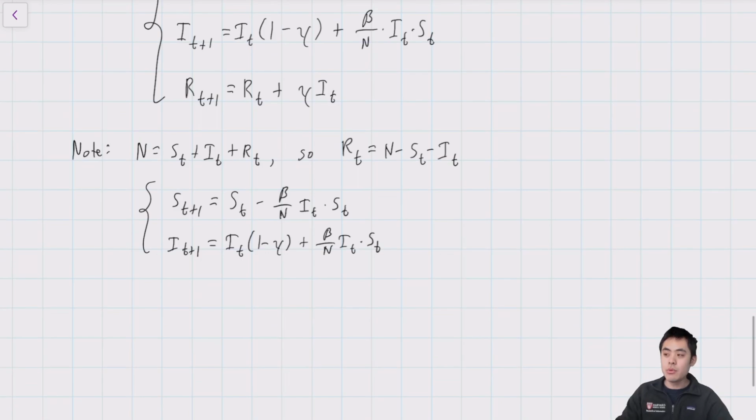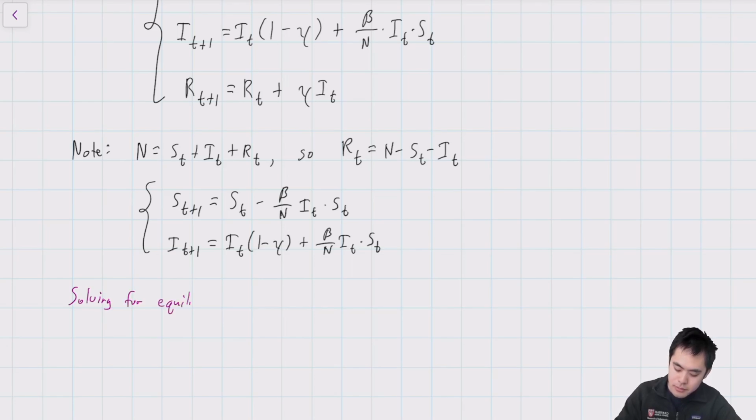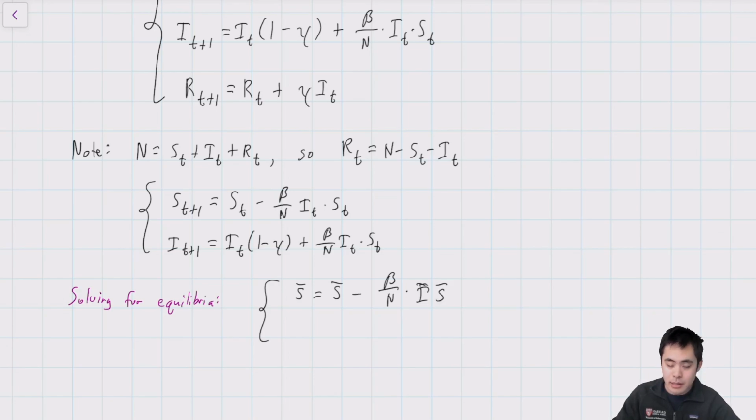Okay? And now we want to solve for equilibria. So we're solving for equilibria. Well, what do we get? We get that S bar is equal to S bar minus beta over n times I bar times S bar, and we have I bar is equal to I bar times 1 minus gamma, plus beta over n times I bar times S bar.